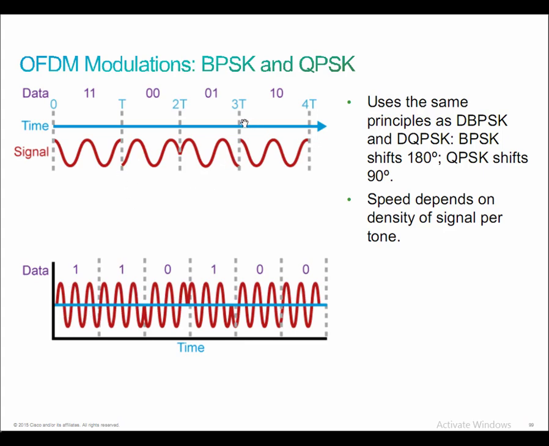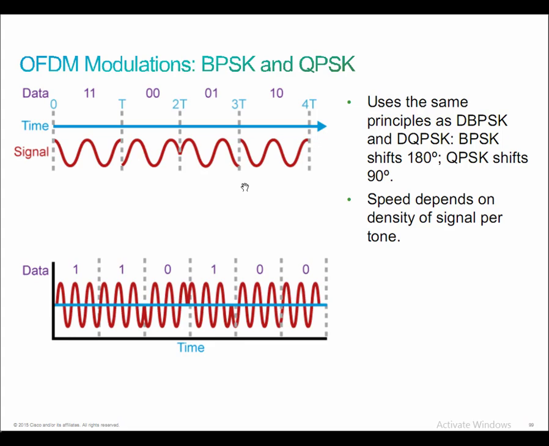So let's see if they have it. Yeah, they have it right here. So 0, 1, and then 1, 0, they shifted 180 degrees one time. The difference between DBPSK and BPSK is the reason for the shift. Getting a 1 versus getting a different value.